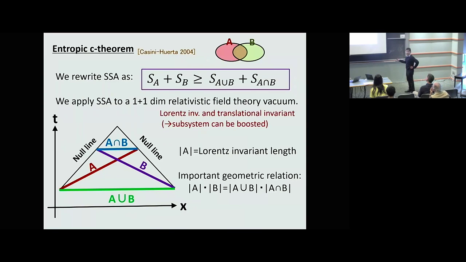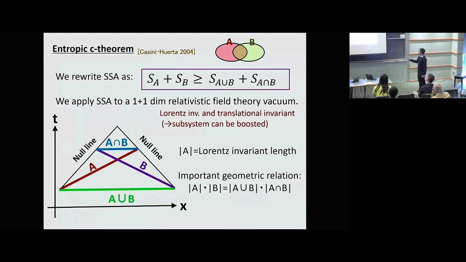We apply strong subadditivity to a two-dimensional, 1 plus 1 dimensional, relativistic Lorentz invariant quantum field theory, but not necessarily conformally invariant. Because we are interested in renormalization group flow, we start with a CFT, but we can perturb it by some relevant operator. So we assume Lorentz invariance and translational invariance as usual. We look at the ground state, but it is not necessarily conformally invariant.